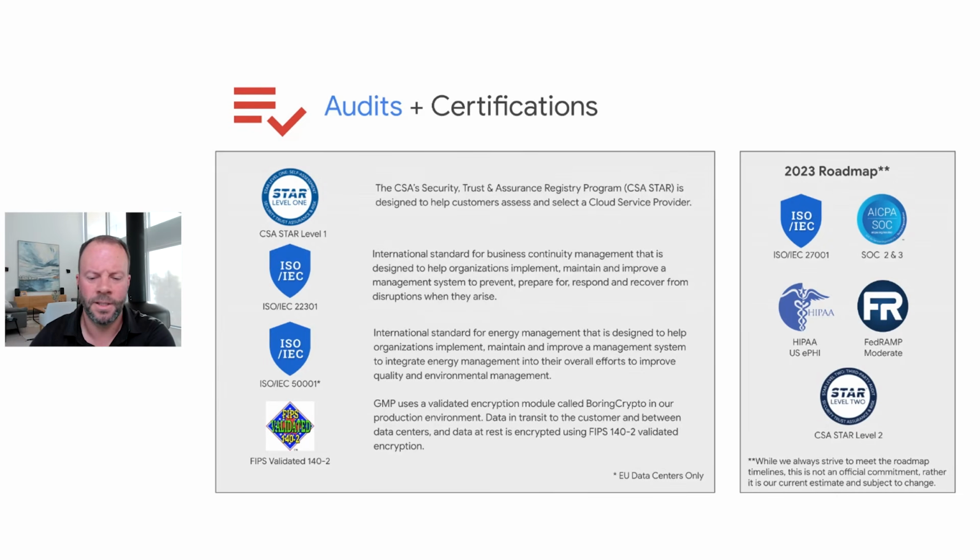We've cut out a lot of the ancillary unnecessary pieces. And what we've done is this validated encryption module is used in our production environment for data in transit and data at rest. And what we can say is that our encryption module, Boring Crypto, has FIPS 140-2 compliance, and this certification and the certificates of testing are available on our website. So that's where we are currently.